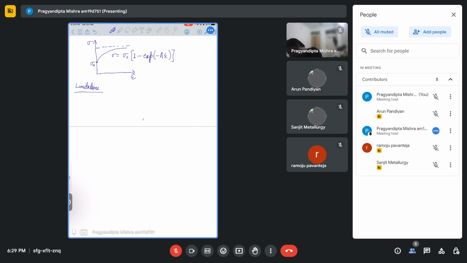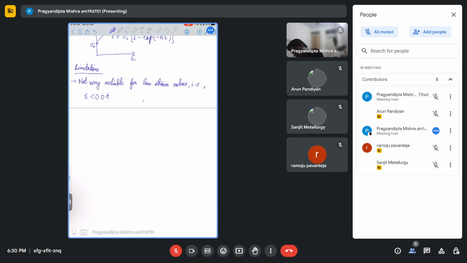First, it is not very reliable for low strain values, that is, strain values below 0.04. So it is not very reliable in that case.